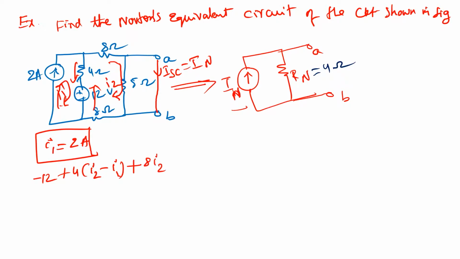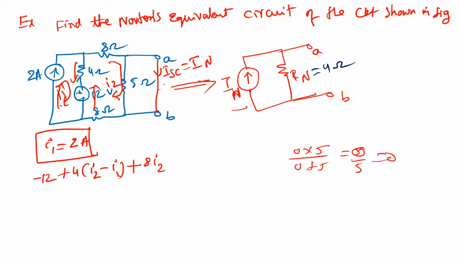So here the 5 ohm resistor is actually shorted, it will become 0. This becomes 0 because these both are in parallel. In parallel, what is the resistance? 0 into 5 by 0 plus 5. Okay, 0 by 5 will become 0. So this resistance becomes 0.